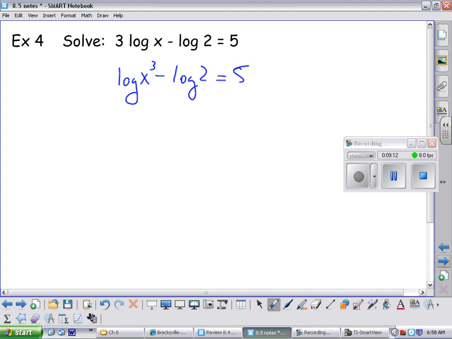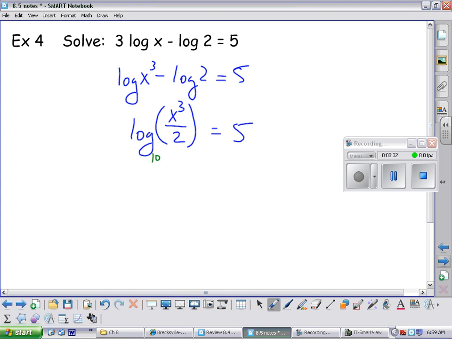And you're going to say, too easy, Mr. Roderick, because I know subtraction talks with division, so I can make one log statement. And from there, we're back where we started in the last problem.